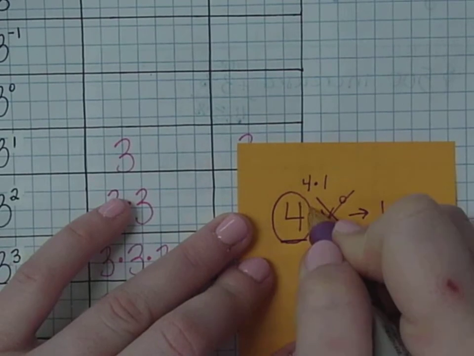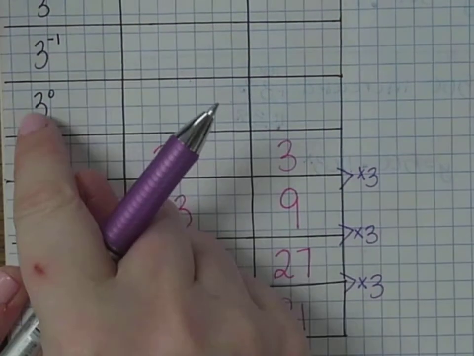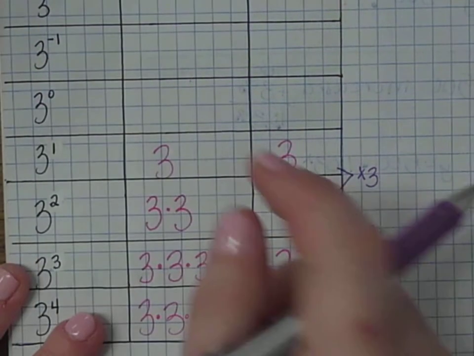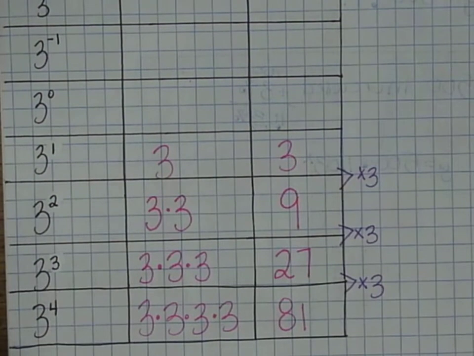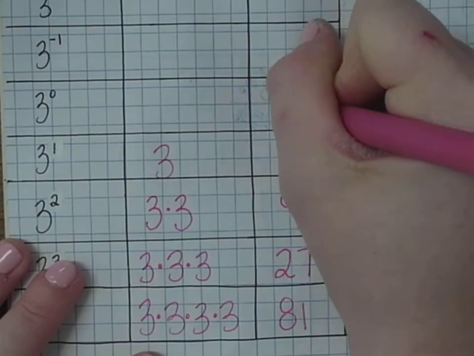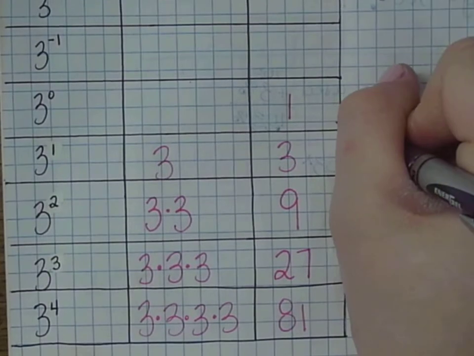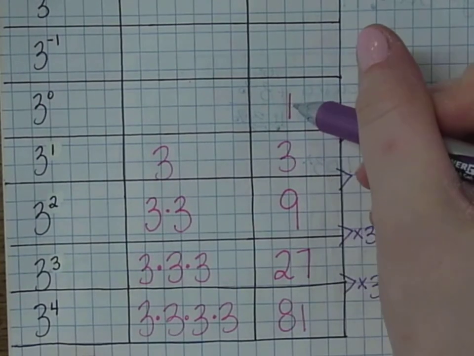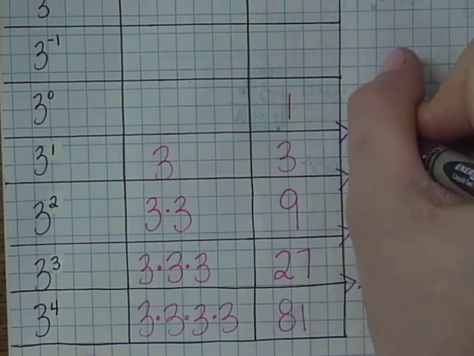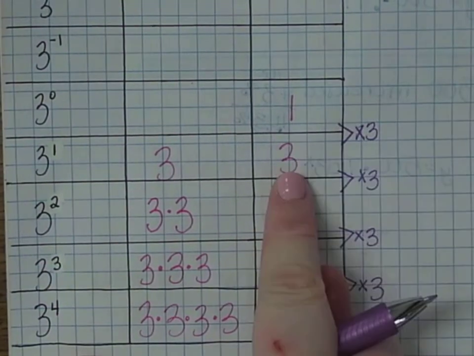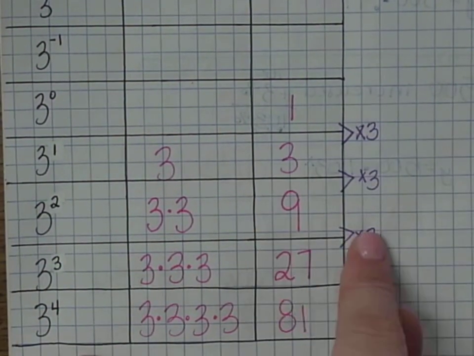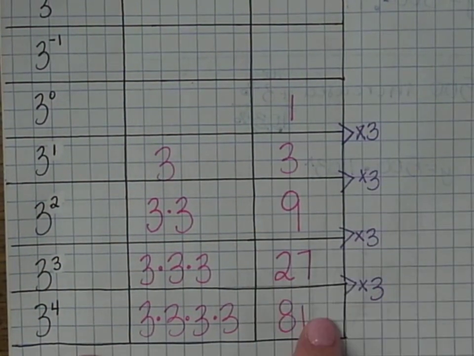So really, the 3 to the 0 power is just 1. But again, it follows this pattern: we start at 1, and then 1 times 3 gives you 3, 3 times 3 gives you 9, 9 times 3 gives you 27, 27 times 3 gives you 81.